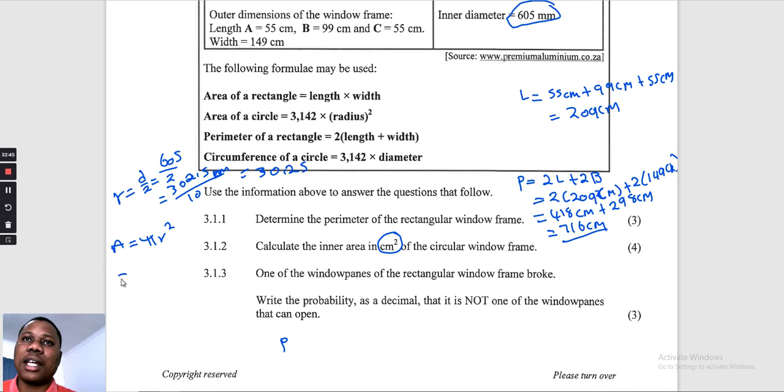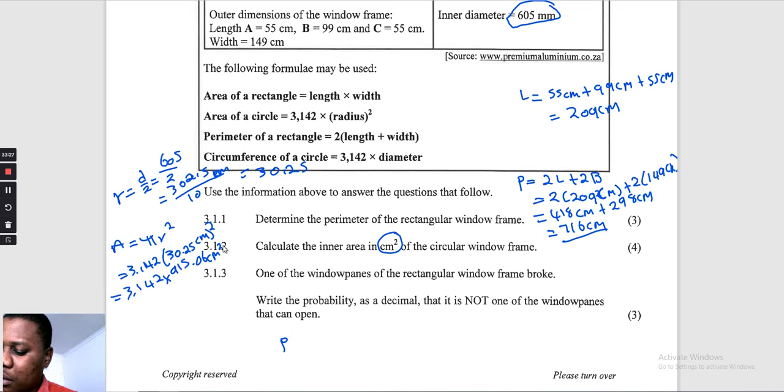So our area is going to be 3.142 multiplied by 30.25 centimeters to the power 2, which is 3.142 multiplied by 915.06 centimeters squared.